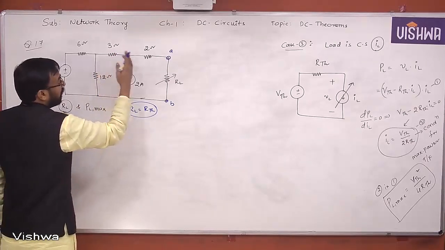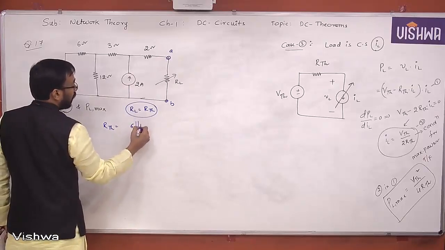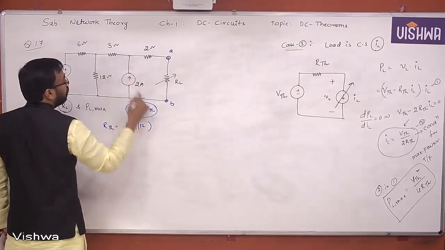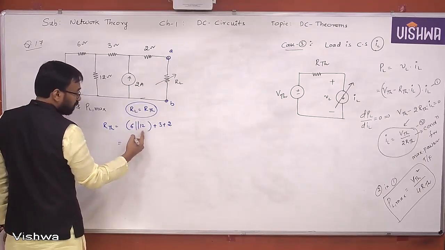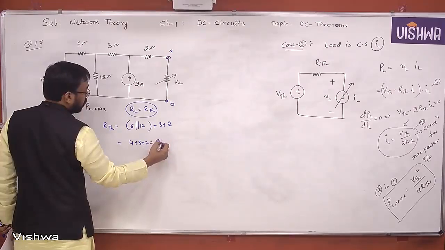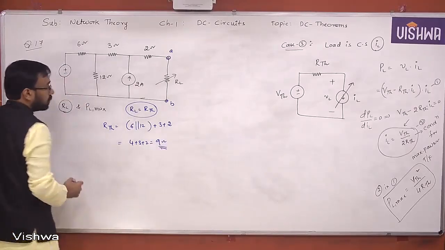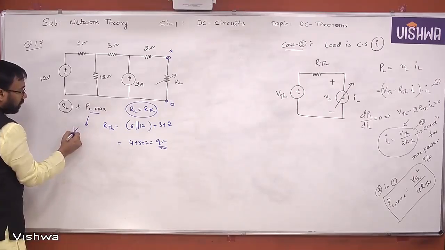Then the result is also in series with 2 ohm. So therefore, 6 parallel 12 plus 3 plus 2. 6 parallel 12 is nothing but 4, plus 3 plus 2, 9 ohm. That's it. But to find PL max, you have a formula VTH square by 4 times RTH.